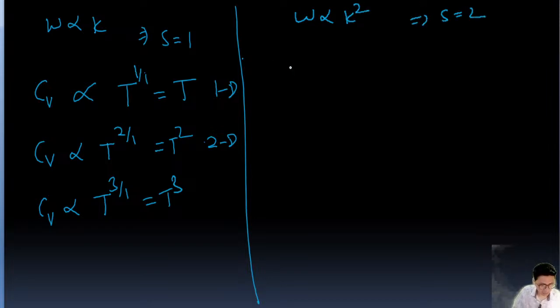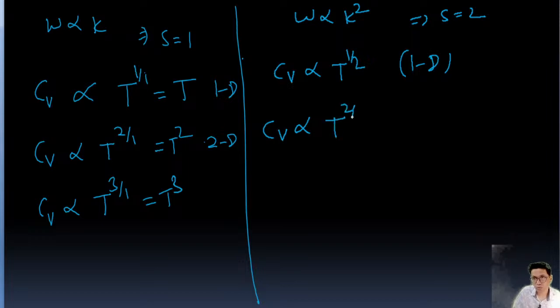So in 1D, CV is going to be proportional to T to the power 1 upon 2, and in 2D it is 2 upon 2, that is T. And similarly in 3D, T to the power D upon S, 3 by 2.